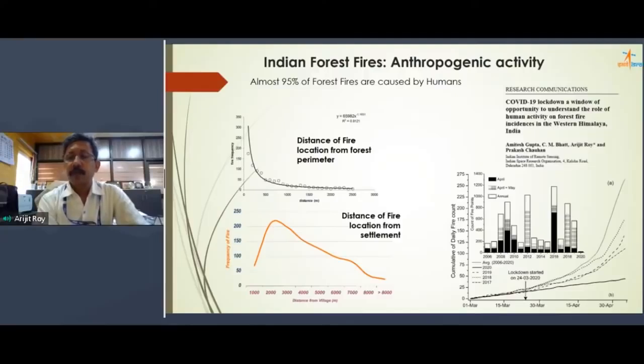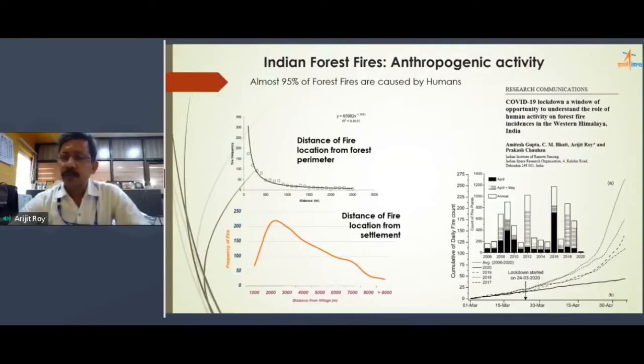We observed that due to the lockdown, the number of fire incidences was less by more than 70%, because the fire incidences caused by tourism, the movement of vehicles and other anthropogenic activities had totally stopped.